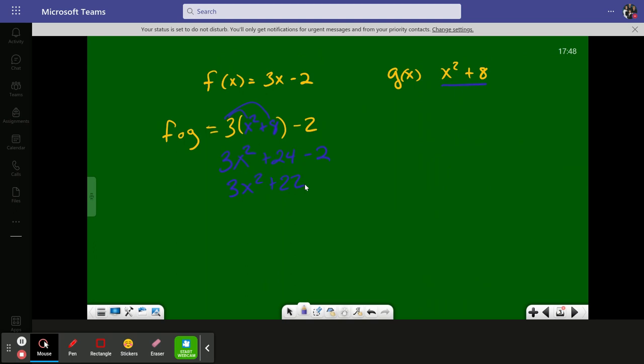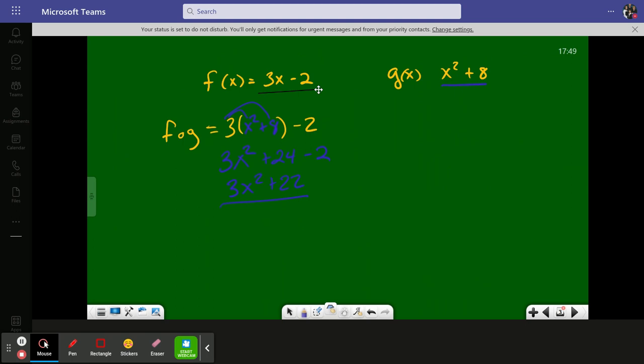How did we do? Did we get that 22 on the end? Maybe it helps if we just think about what we're going to do with x to start with. What's going to happen to x? I've got to multiply it by 3, and then subtract 2, right?